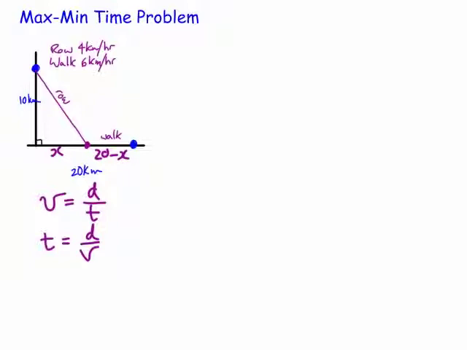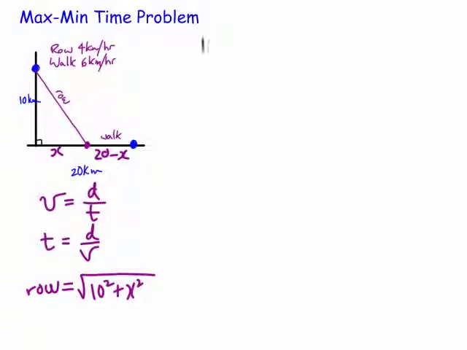The first thing is we're going to row. There's a Pythagorean result there. The rowing distance would be the square root of 10 squared plus x squared. So we'd have to row that distance, and we'd have to walk 20 minus x. Let's have a look at the time.